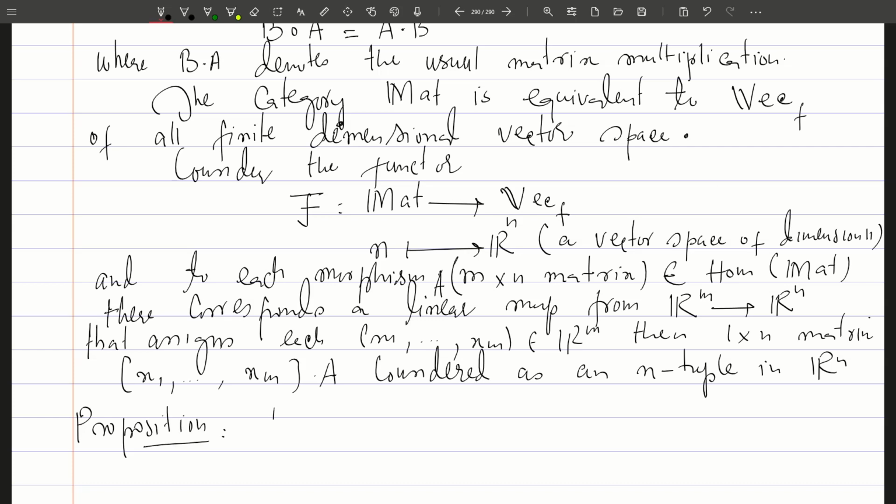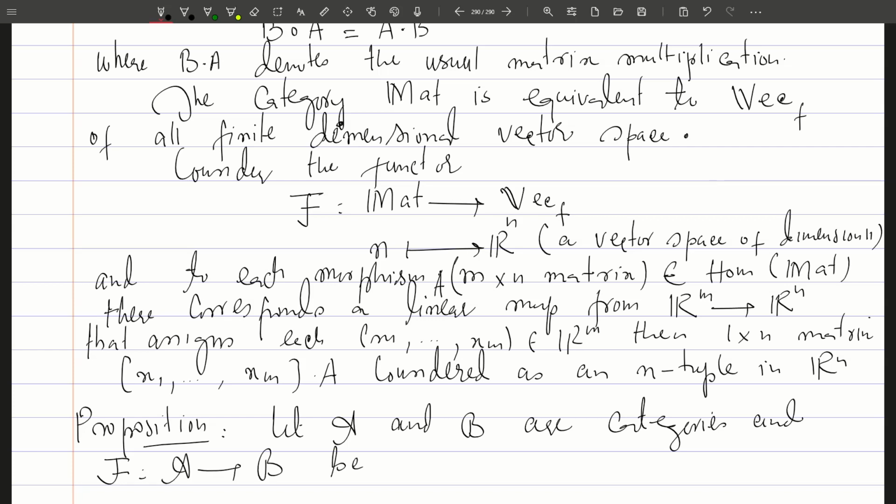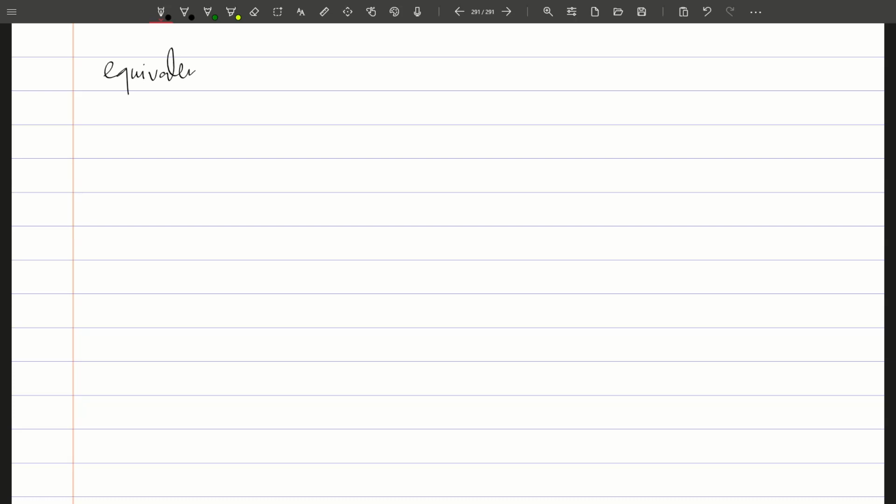It says that if A and B are two categories, and F is an equivalence from category A to B, then we have to prove there exists an equivalence G from category B to A. So this result states that whenever we have an equivalence from category A to B, there is always an equivalence from B to A. This is what we have to prove.